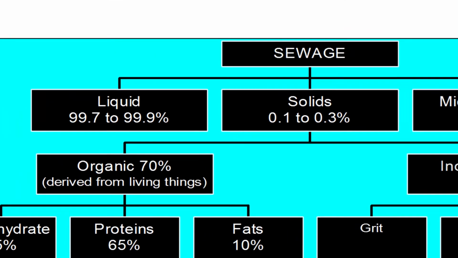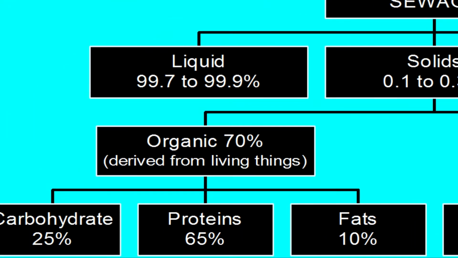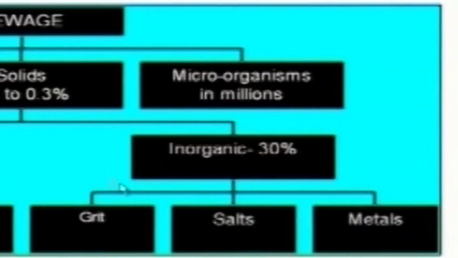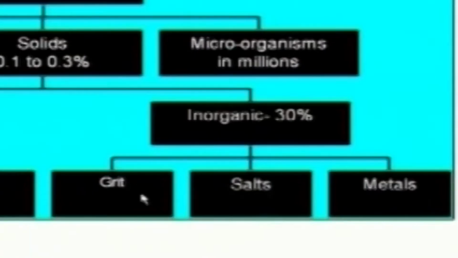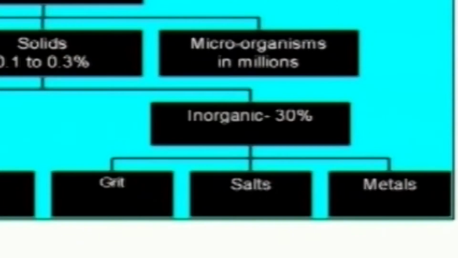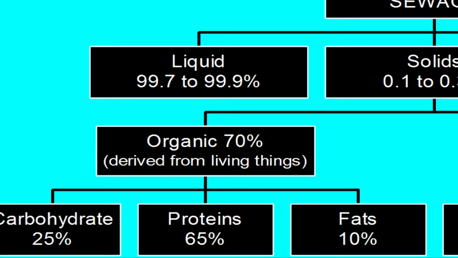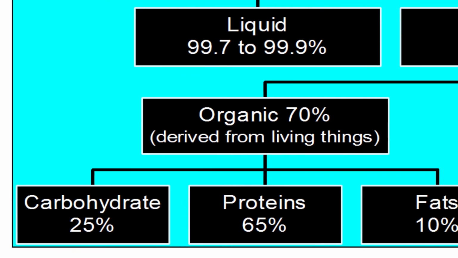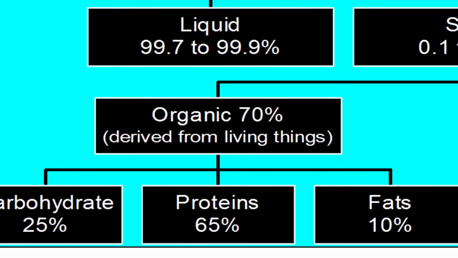If you investigate the characteristics of solid particles, 70% are organic in nature and the remaining 30% are inorganic in nature. The major inorganic particles are grit particles, sand and other things, salt and trace concentrations of metallic particles.